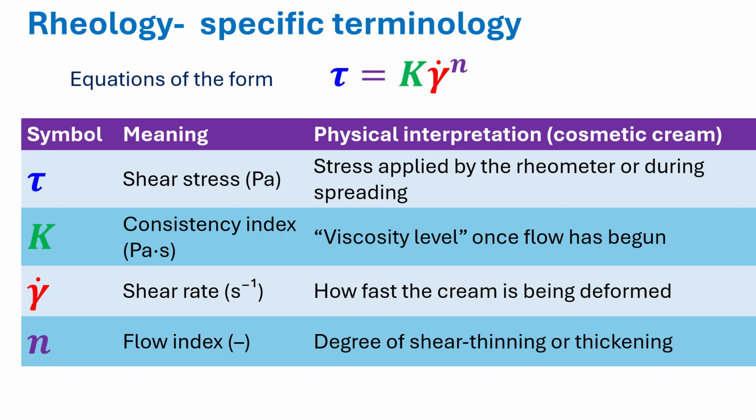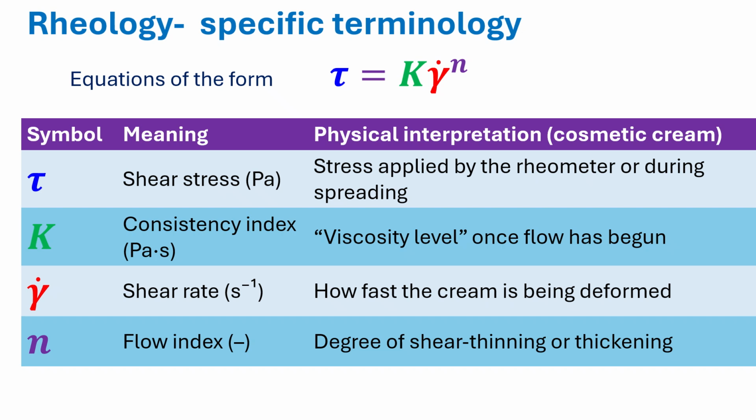Now the shear rate, I've made this a red value. You'll find this actually black throughout most of the slides rather than red to try and prevent confusion. And the flow index, I've tried to keep that purple throughout the slides going forward.